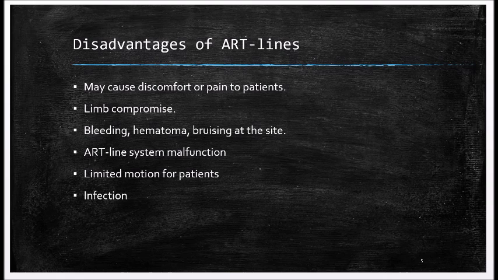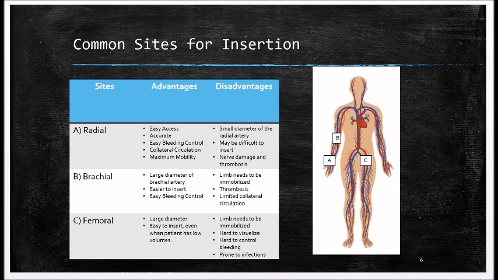Bleeding, hematoma, bruising at the site, arterial line malfunctions. That means the patient will not be able to move as much when they have an art line inserted, and it depends on the location. And infection.